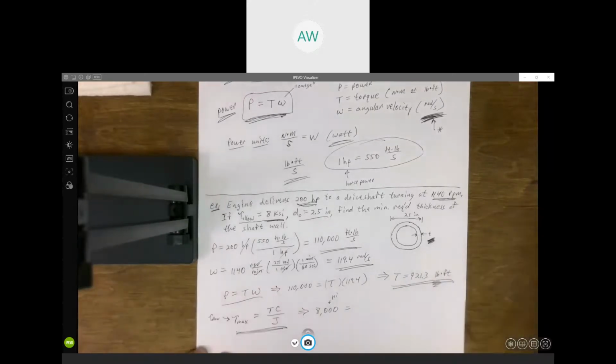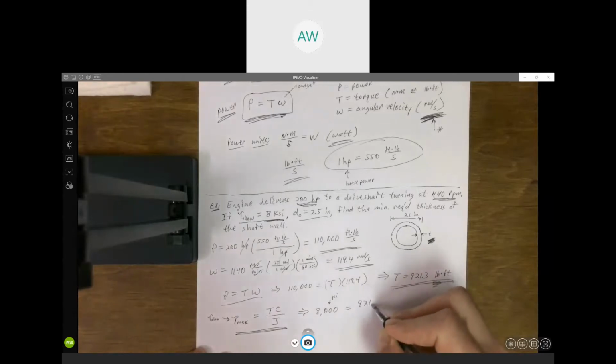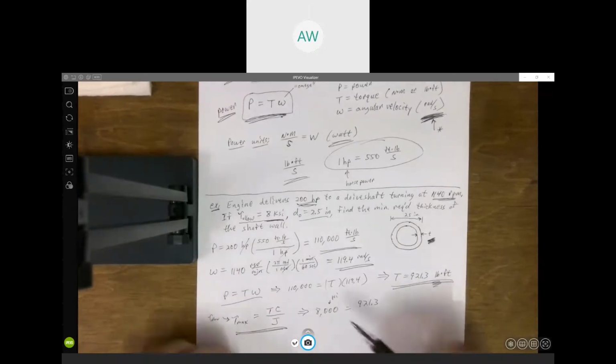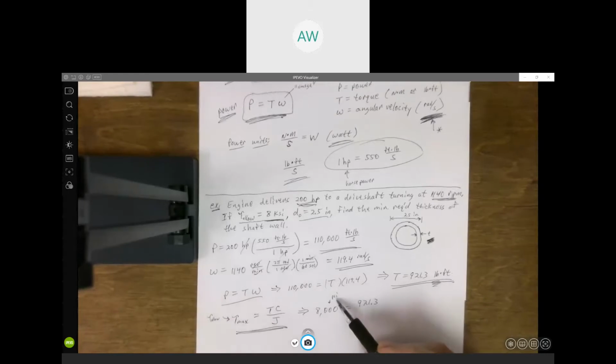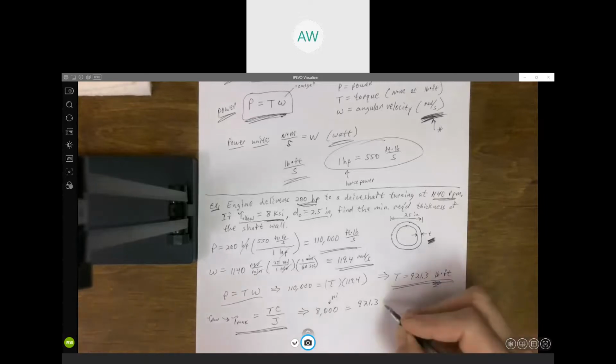As long as they're both the same, you're good. The torque is 921.3, and those are, again, pounds-feet. This is pounds per square inch. So again, we have to be careful with our units, and they need to be compatible. So if I want to convert this to pounds-inches, since this is per square inch and all the lengths are in inches, we have to multiply that by 12.